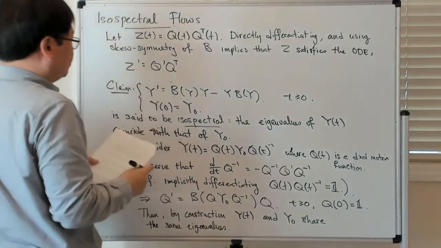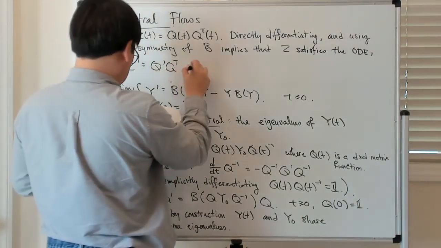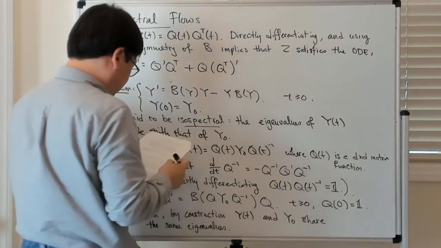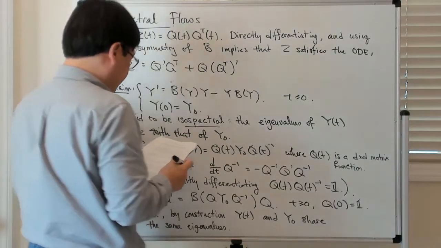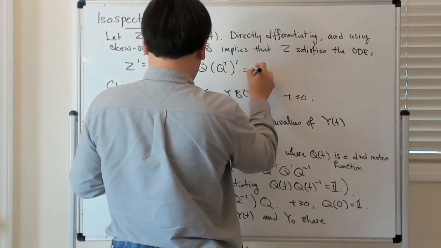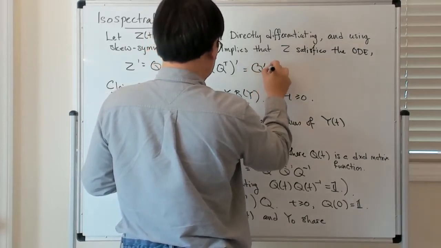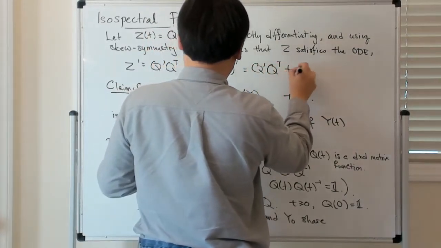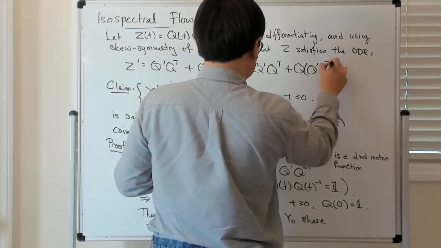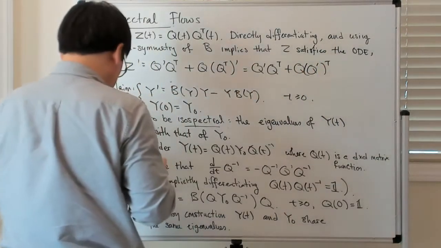I'm just doing the product rule right now, plus Q times Q prime transpose.